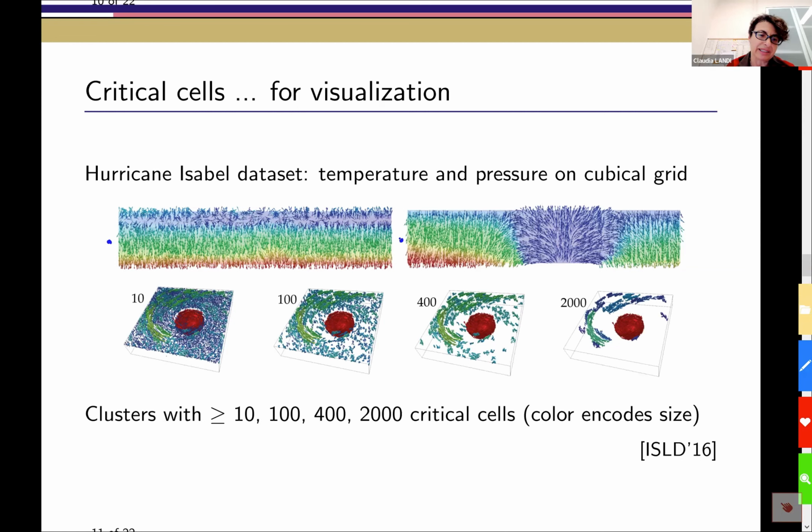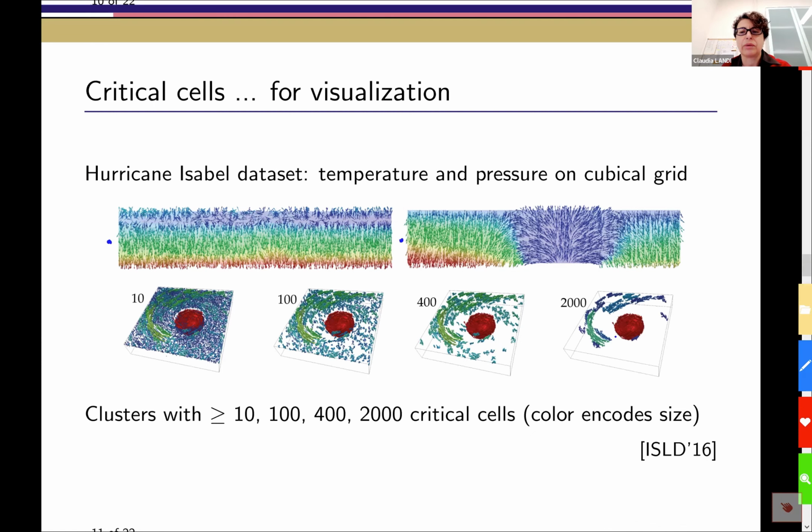And if we cluster the voxels, we say that two voxels belong to the same cluster if they belong to the same component of critical cells, and we consider clusters with more than 10, 100, 400, 2000 critical cells, where the color encodes the number of voxels in the cluster.